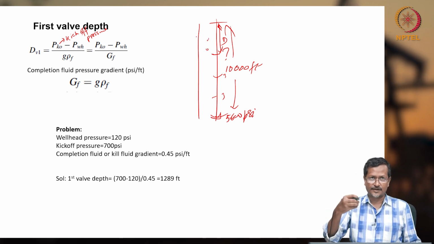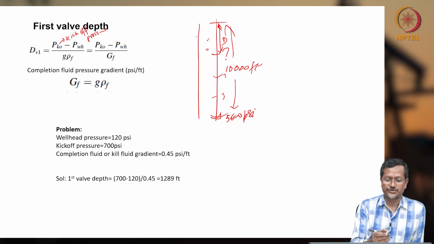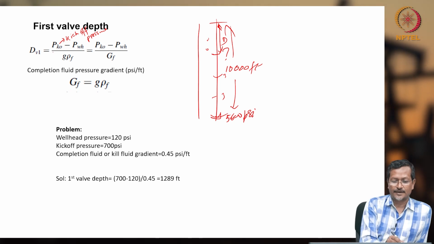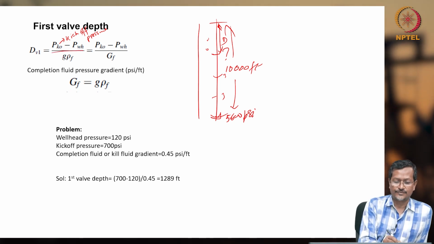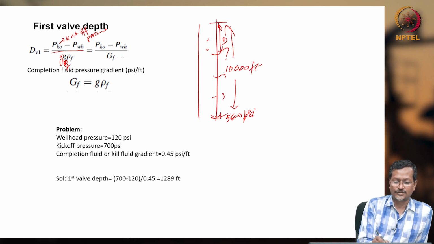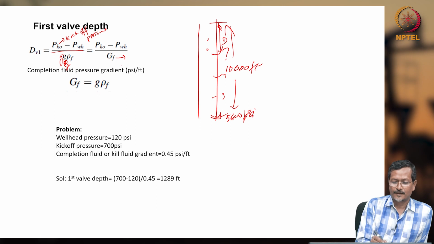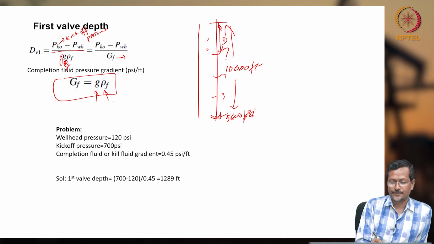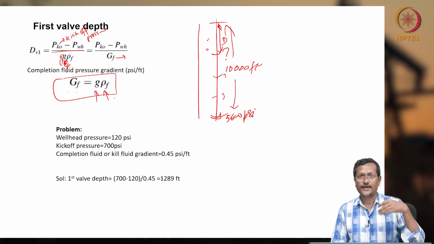That first instant pressure required is called kick off pressure, and it is kick off pressure minus wellhead pressure divided by G rho F, which is expressed as G into rho F.